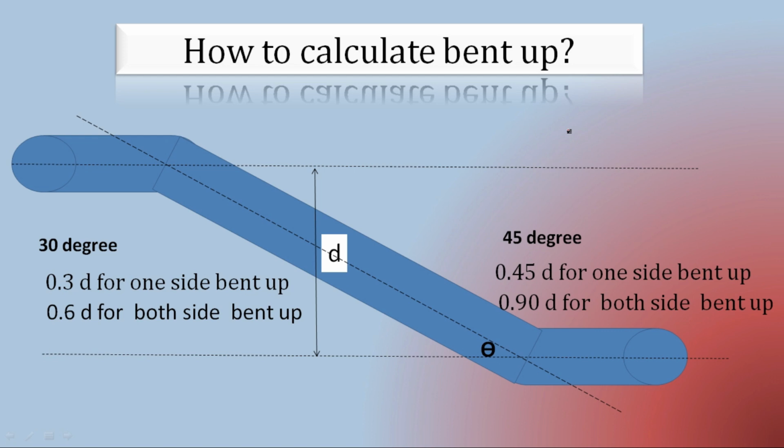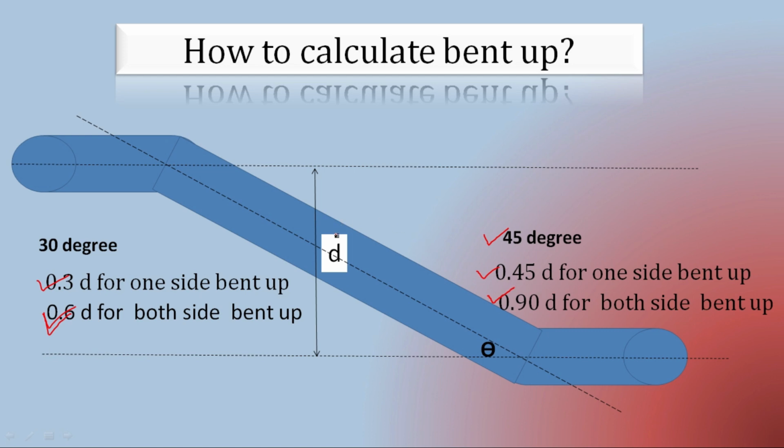In addition to the straight bar length, we need to add 0.3 times D if the bar is bent up at one side, and if the bar is bent up for both sides, you need to add 0.6 D. In a similar way, if the bent up bars are provided at 45 degree, you need to add 0.45 D for one side bent up and double of that, that is 0.9 D, for two side bent up.